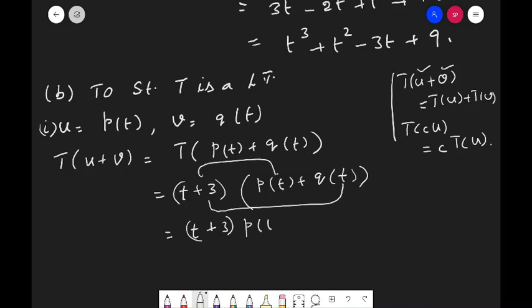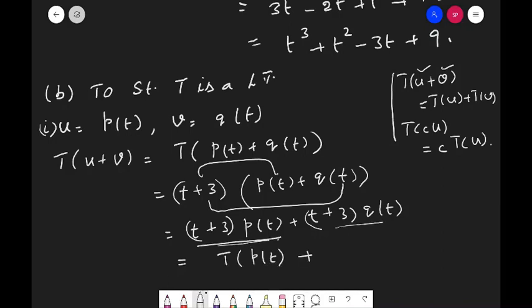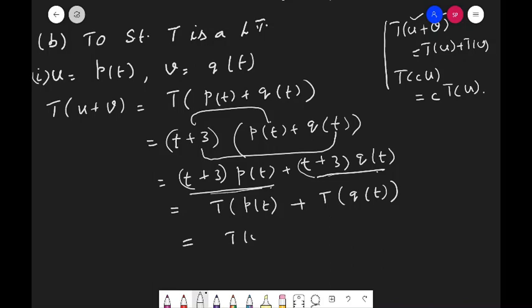It will be t plus 3 into p of t plus t plus 3 into q of t, which is T of p of t plus T of q of t, which is nothing but T of u plus T of v.